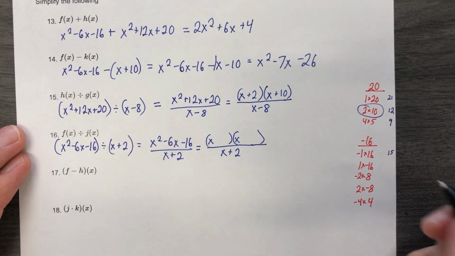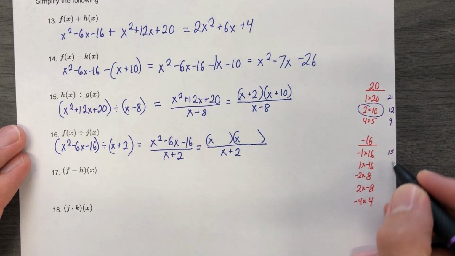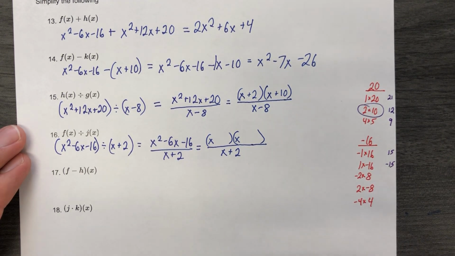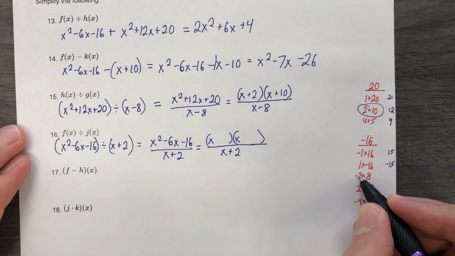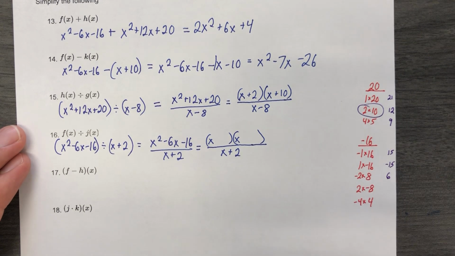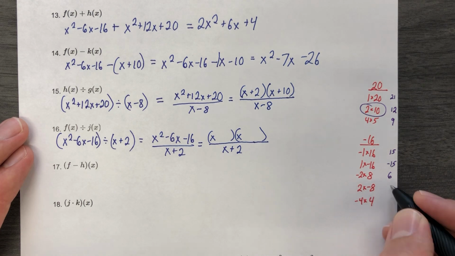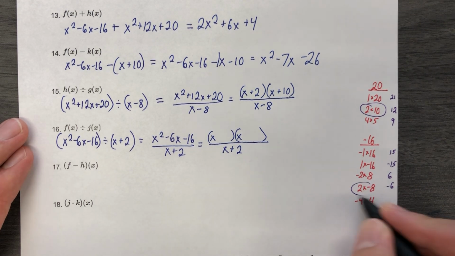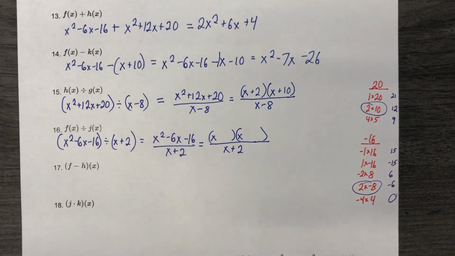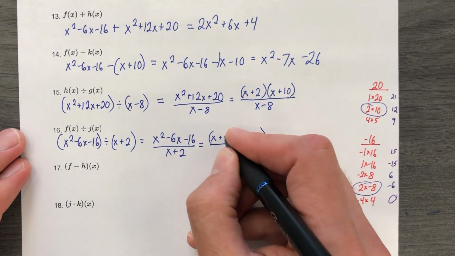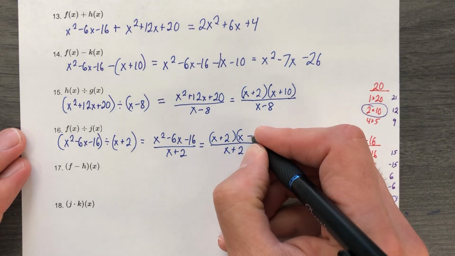That's not negative 6. 1 plus negative 16 is negative 15. That's not negative 6. Negative 2 plus 8 is 6. We're getting there. 2 plus negative 8 is negative 6. We found it, and this would be 0 if you added negative 4 plus 4. Okay, we just found it, which means I will put x plus 2 and x minus 8.